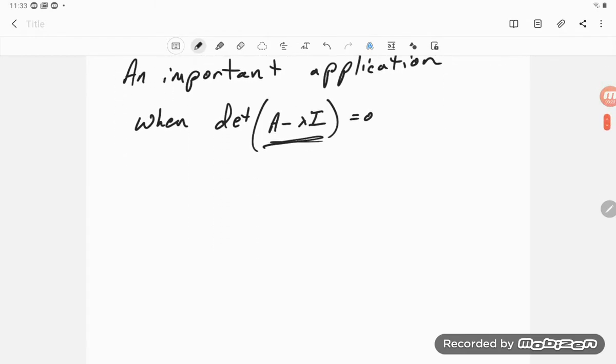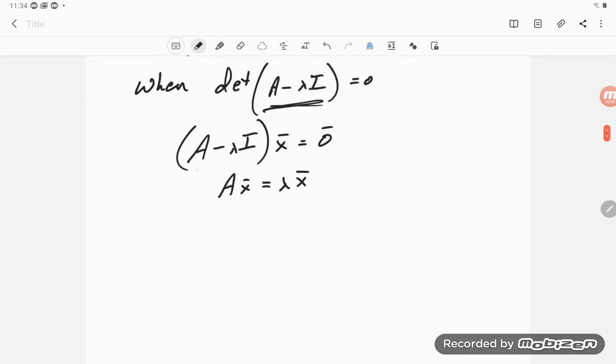But the reason one wants to know is that we would like to know if there are any non-trivial solutions to this equation. Now, where does that come from? Well, actually, it comes from solving the equation AX equals some constant times X. Because if I multiply through by X, identity times X is just X. And then I move that over to the other side, and we have this.